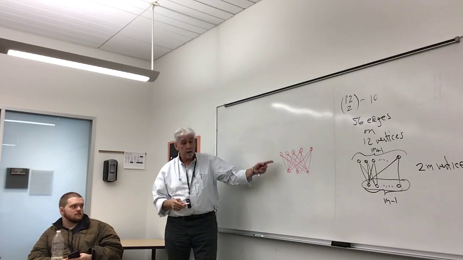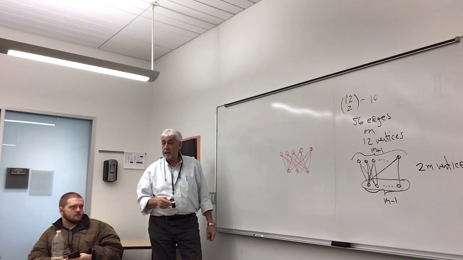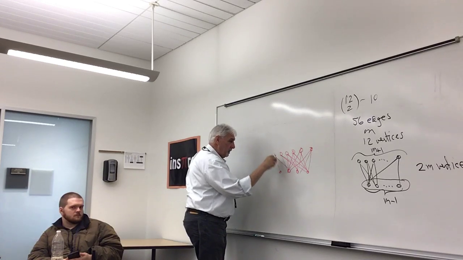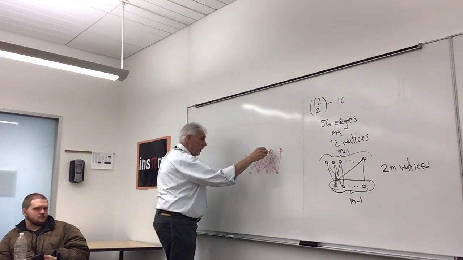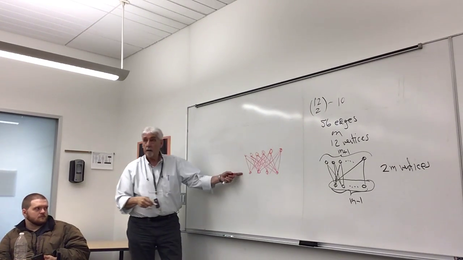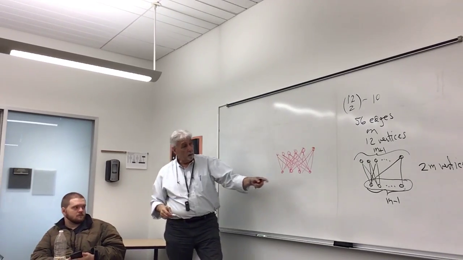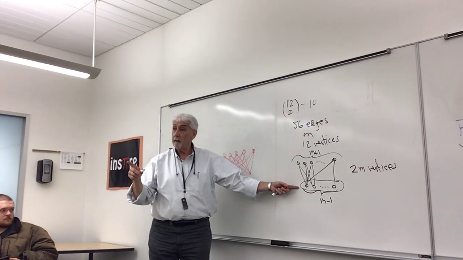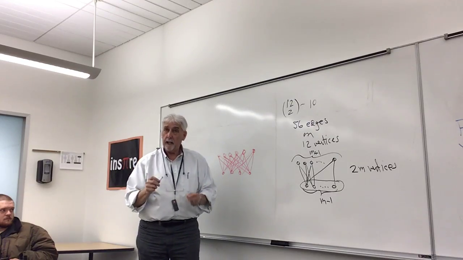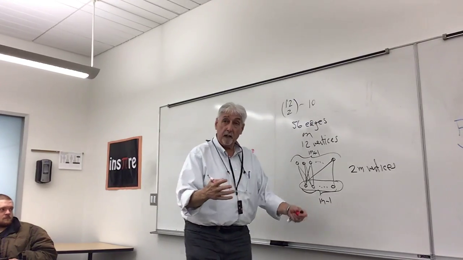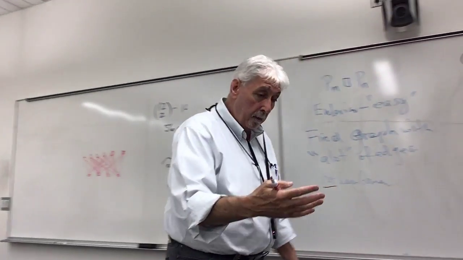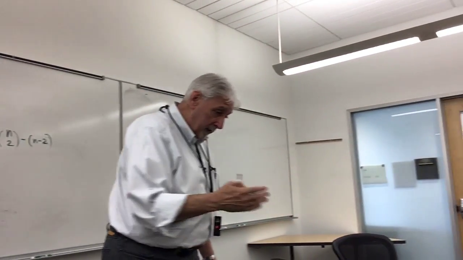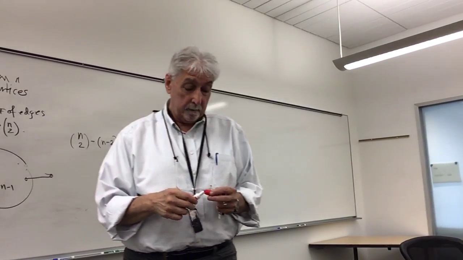So what's the longest cycle here? 6. And if I keep doing this, now what's the longest cycle? 8. What's the longest cycle here? 2 times n minus 1. 2 times the quantity n minus 1. So I have a cycle that's pretty long. I have 2 endpoints, and I have a cycle of length 2n minus 2, but it's not everything.